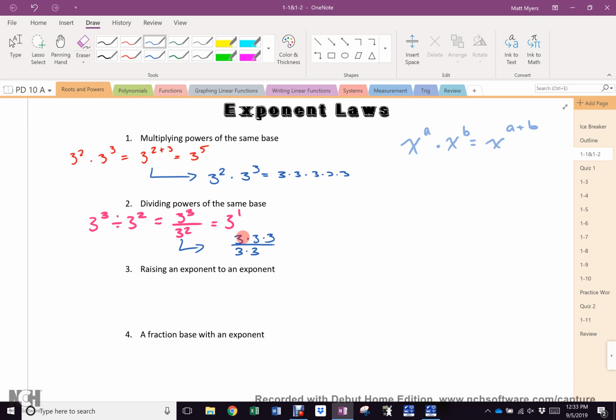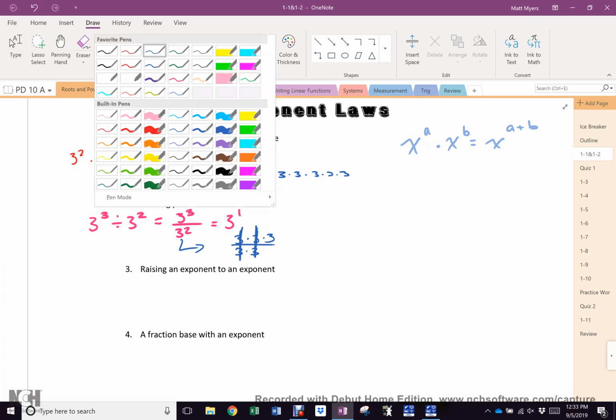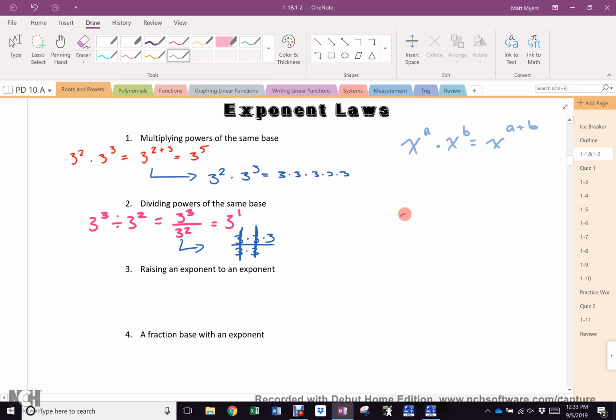Pardon me? 1. And I am left with 1 times 3, which is 3 to the 1. Everybody's cool? So how do I write that as my rule in light blue? x to the a over x to the b equals x to the a minus b.